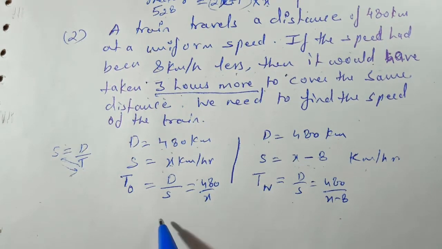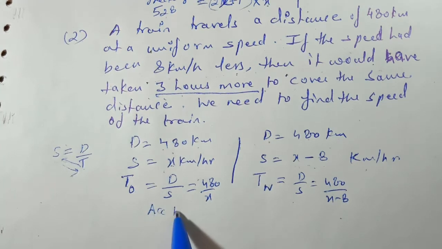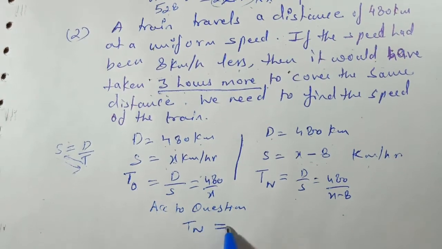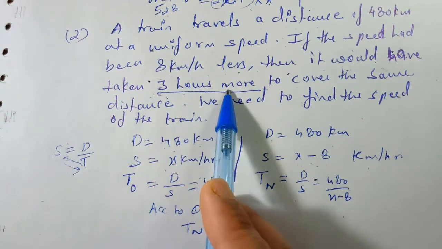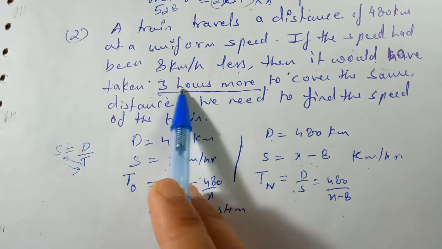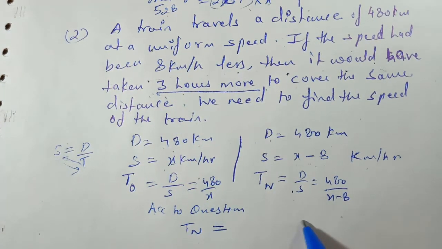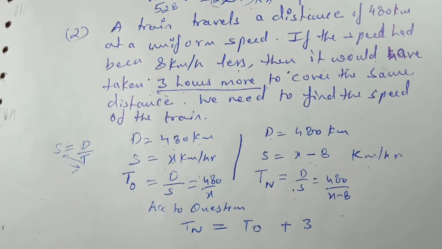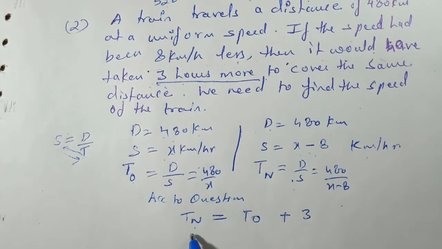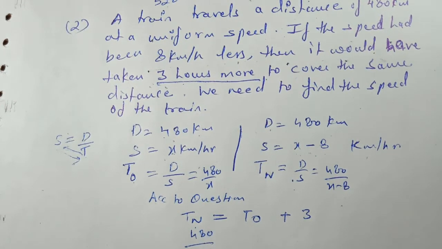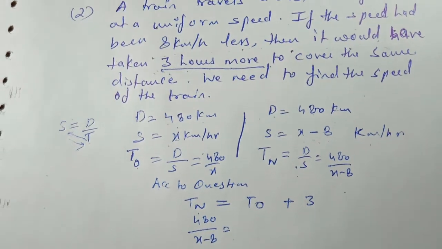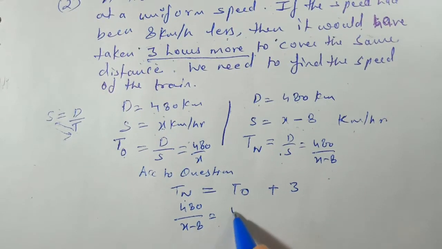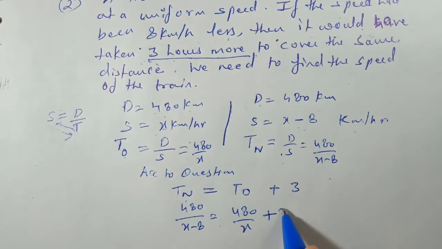Now let us frame the equation according to the question. The new time is 3 hours more than the original time. So placing the values, 480 upon x minus 8 equals 480 upon x plus 3.